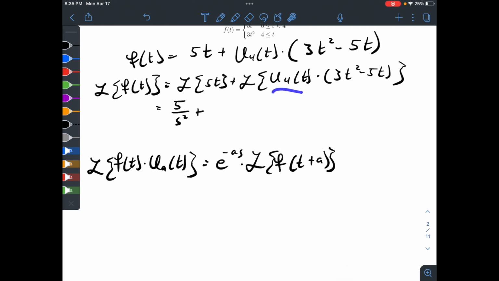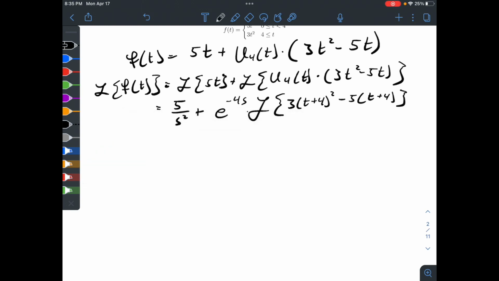Okay, so over here we're going to pop out an e to the negative 4s and then do L of, well, this is our f of t, so we replace all of our t's with t plus a's, or t plus 4s, because this is u sub 4. So 3 times t plus 4 squared minus 5 times t plus 4.